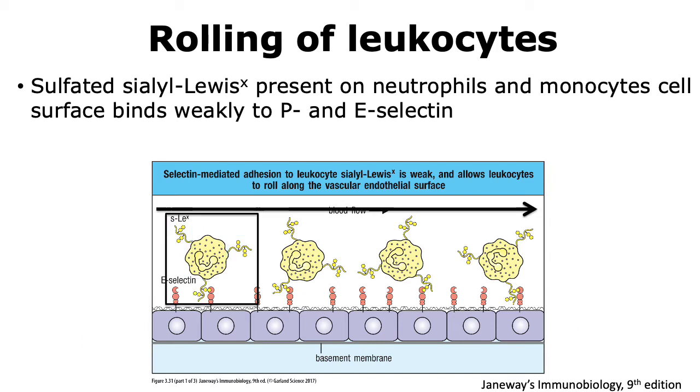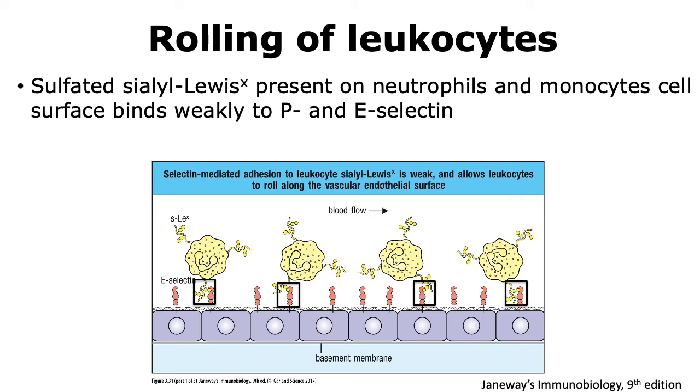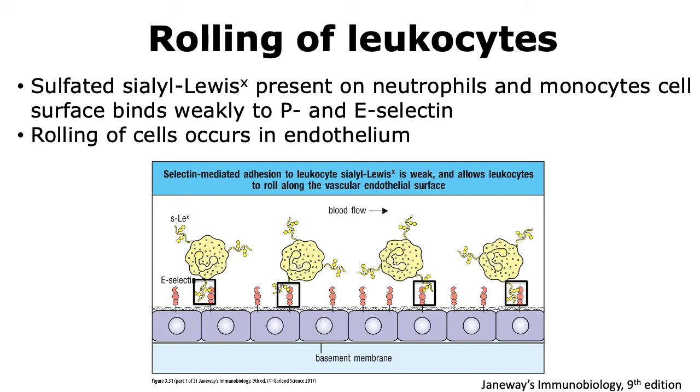Now, ideally, we would have the blood cells simply whizzing through the blood vessel, so they travel very fast. However, when E-selectins are expressed on the endothelial cells, the presence of these E-selectins, or P-selectins for that matter, will facilitate an interaction with the sulfated sialyl Lewis X present on the neutrophils, and hence the neutrophils and monocytes will start associating with the endothelium in a very weak fashion.